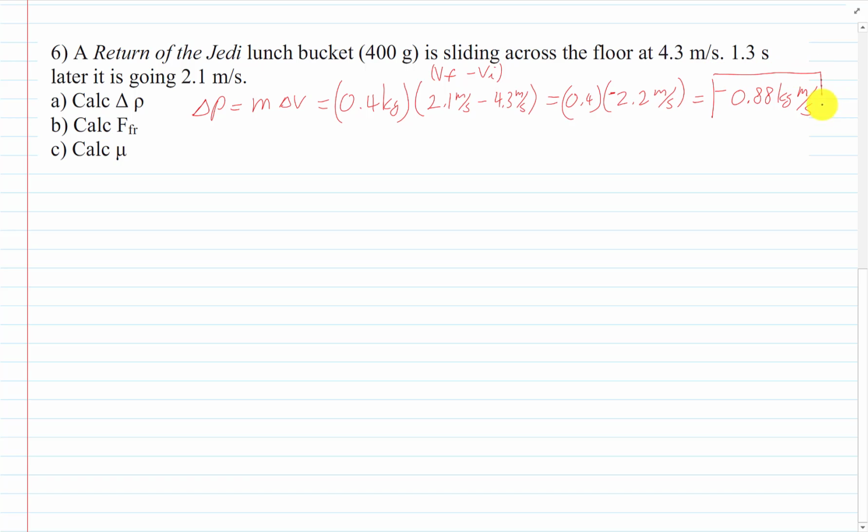So that's its change in momentum. Now, the negative represents a direction, and this is supposed to be a vector, so realistically you should say 0.88 kilograms meters per second backwards.